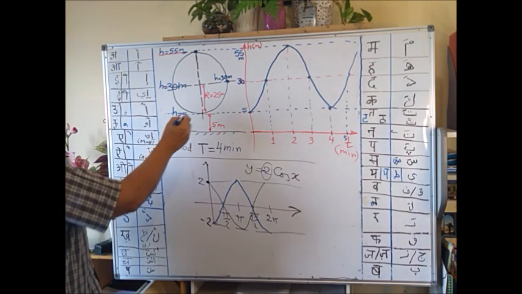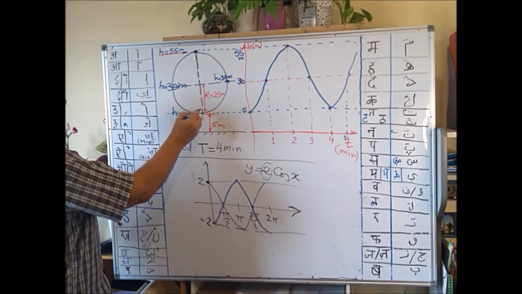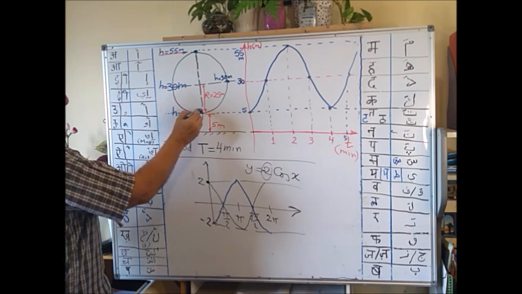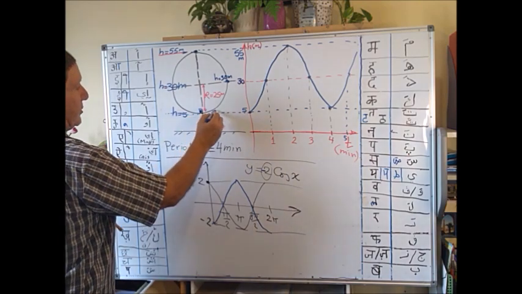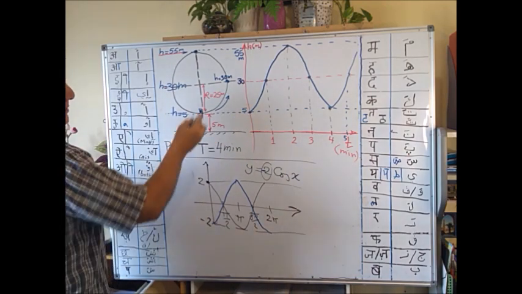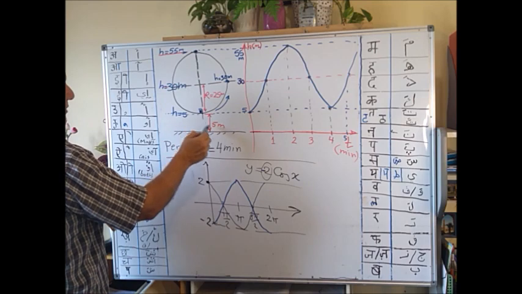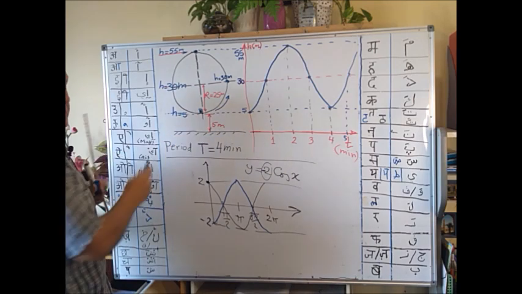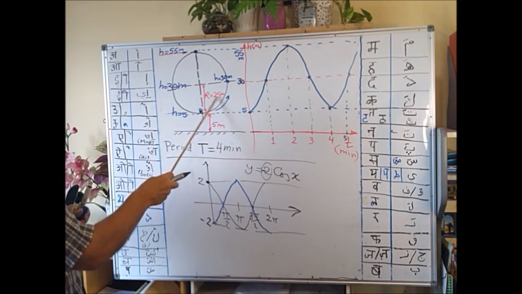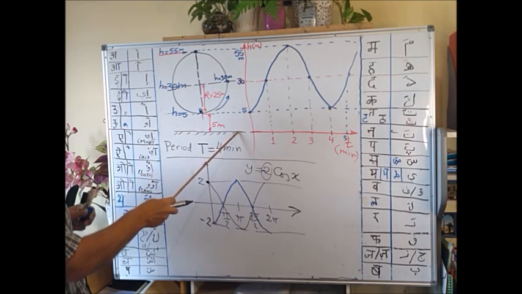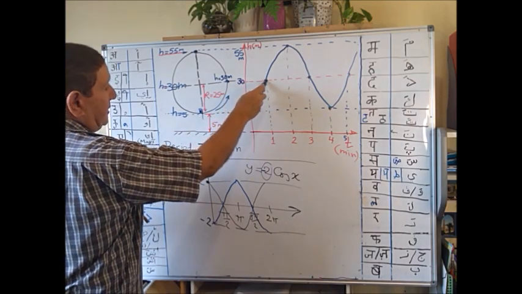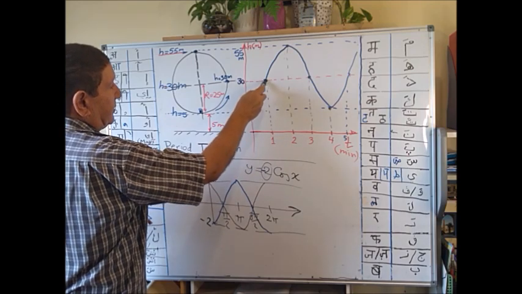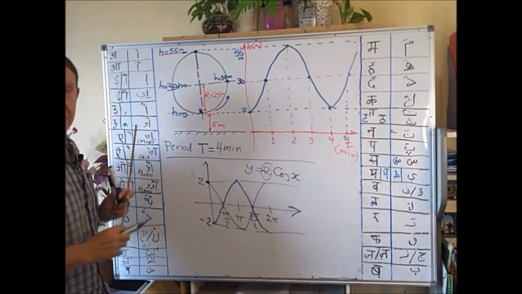After 1 minute, when it starts rotating, your height will be 5 plus 25, so you are 30 meters above the ground level.